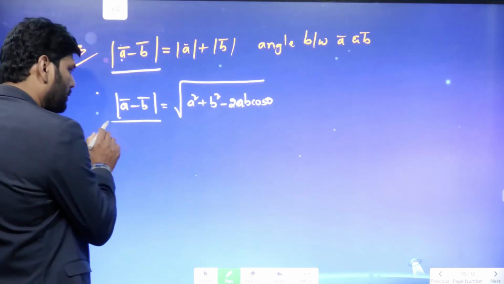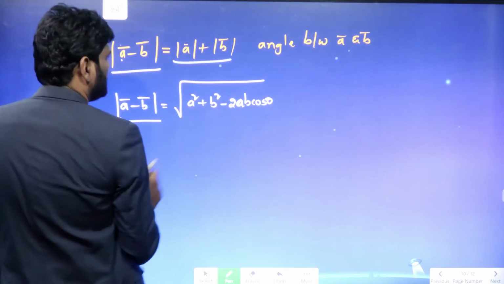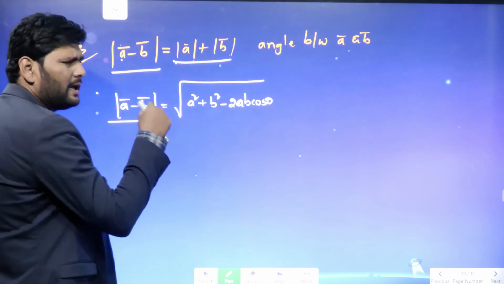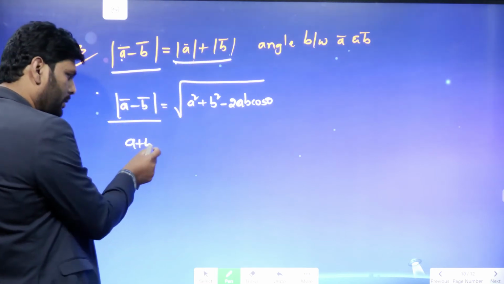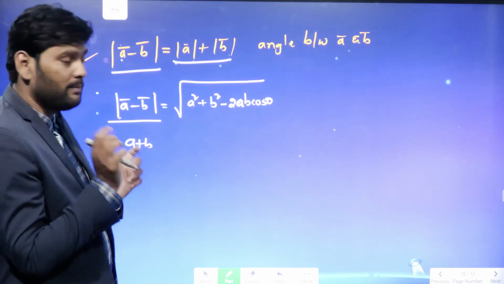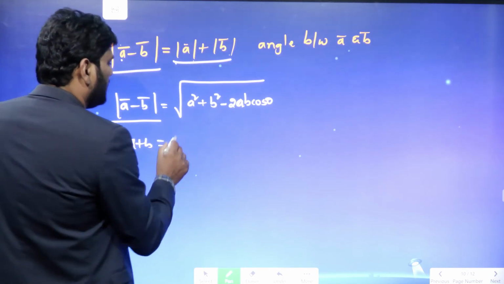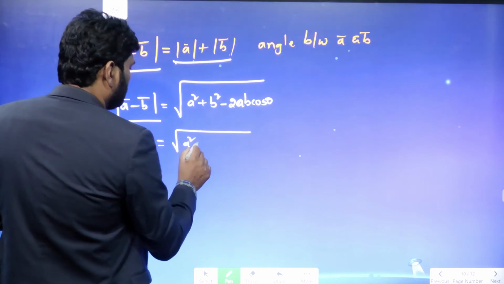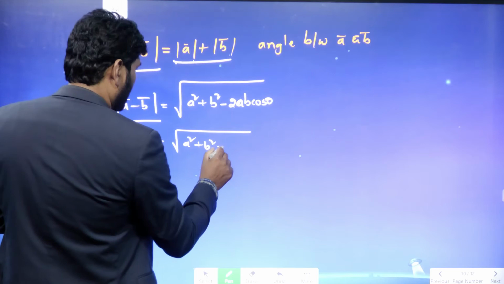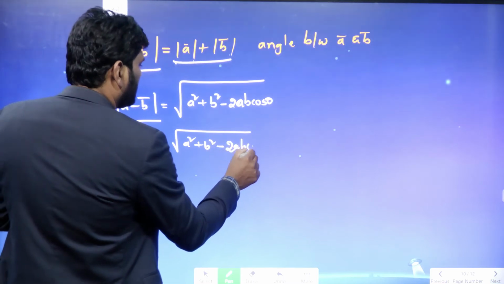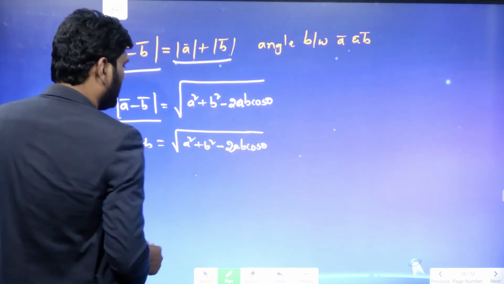Now, this value must be equal to this value: mod a plus mod b, I'll simply write as a plus b, which is equal to under root of a square plus b square minus 2ab cos theta.